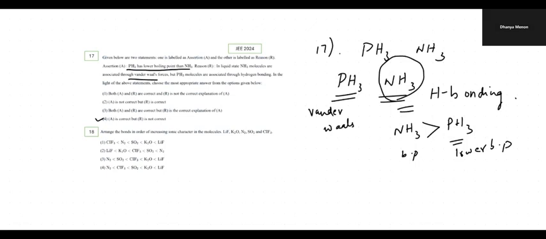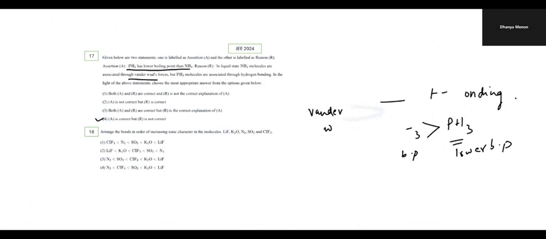Coming to the 18th one. Arrange the bonds in the order of increasing ionic character. Okay, increasing ionic character, so the one that has lesser ionic character will be placed first.